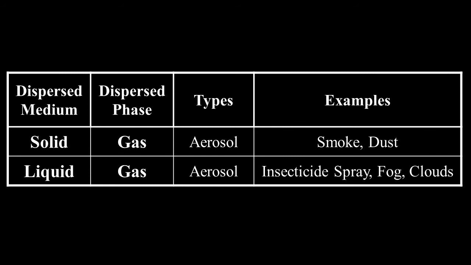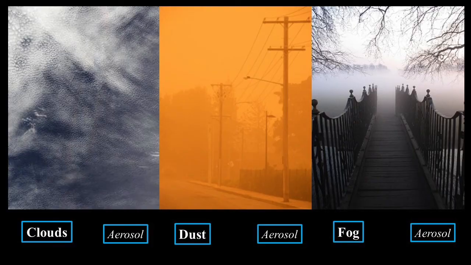All the types here are aerosol. Solid in a gas: dust or smoke. Now remember, the particle has to be small enough to maintain the colloid. It has to stay in the air. And liquid in gas would be an insecticide spray, fog, or clouds, where, again, the size of the particle has to be between 1 nanometer and 1 micrometer.